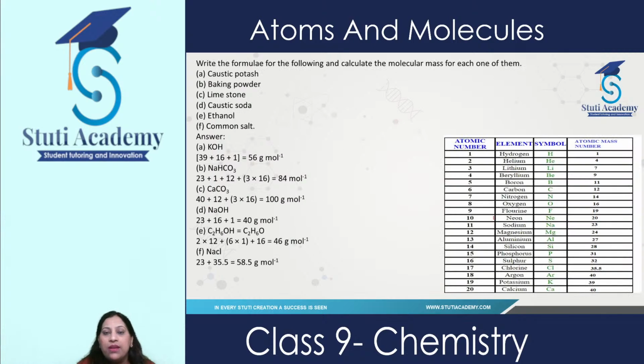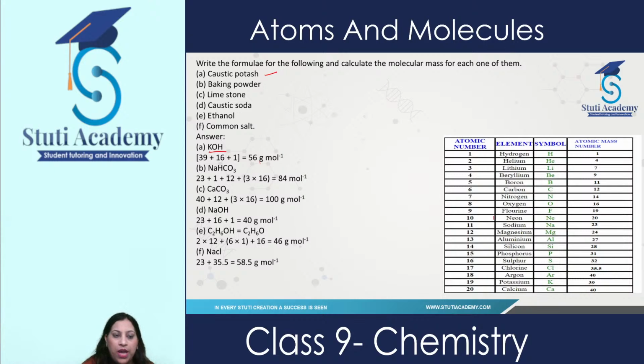Then the next question that can come in the exam: write the formulas for the following and calculate the molecular mass for each one of them. First is caustic potash. The formula of caustic potash is KOH. Again, see how important this table is. Whenever you want to calculate molecular mass, you should know the atomic masses.